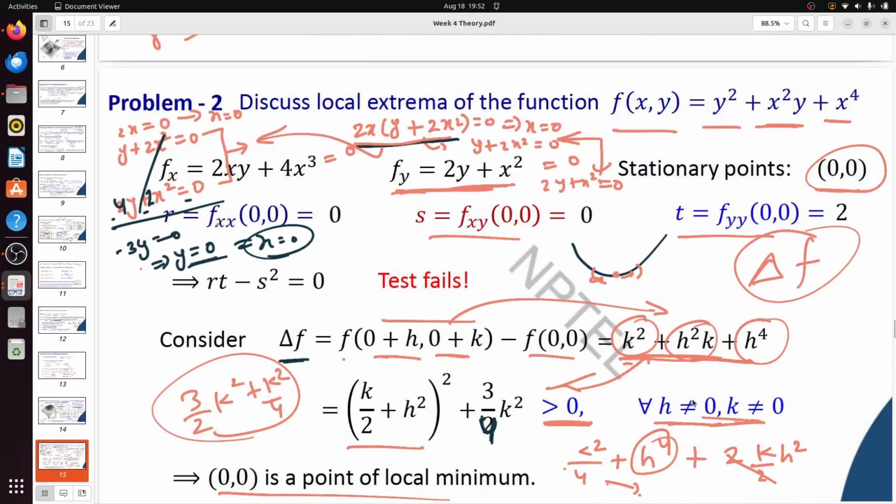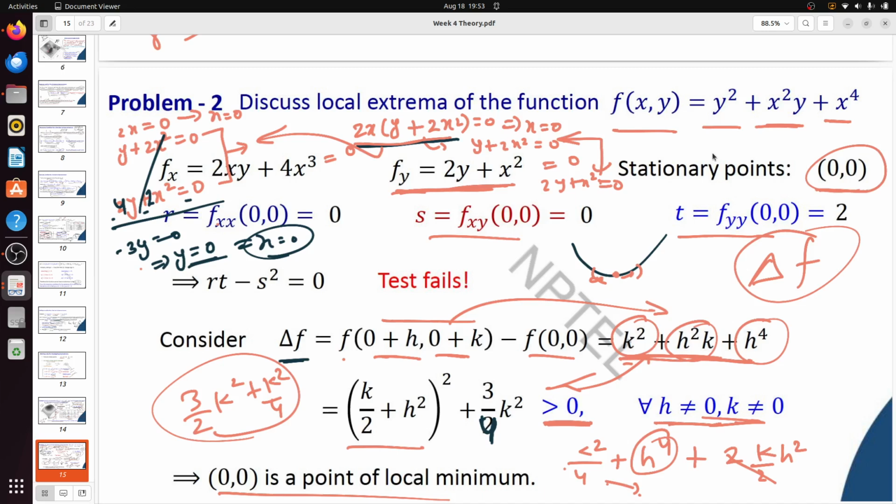Next, same sort of problem: y square plus x square y plus x power 4. First you need to determine the stationary points, and then you need to determine whether the stationary point is actually a point of local maxima or minima.